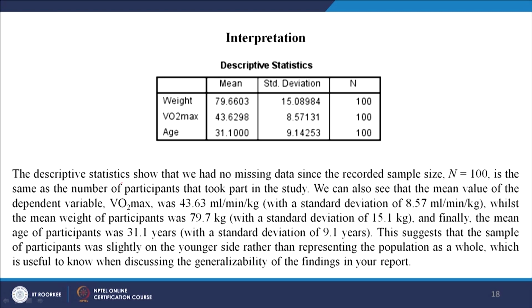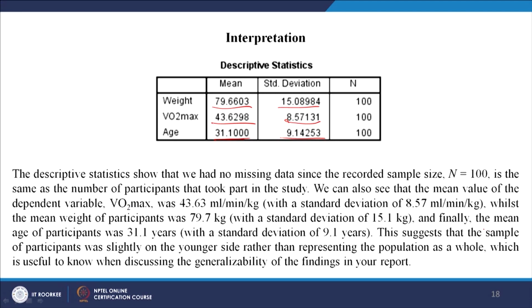Whatever you have got, you can write that. The descriptive statistics show that we had no missing data; 100 cases were there, and n equals 100 is the same number of participants that took part in the study. We can also see that the mean value of the dependent variable was 43.63 with a standard deviation of 8.57, while the mean weight of participants was 79.67 with a standard deviation of 15.1, and finally, the mean age of the participants was 31.1 with a standard deviation of 9.1.